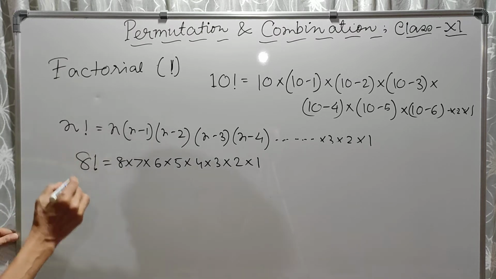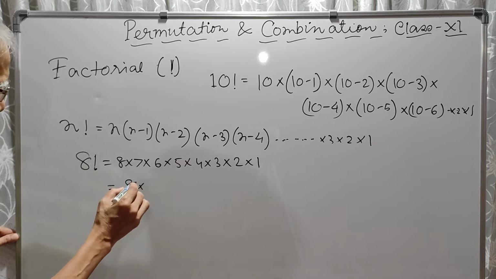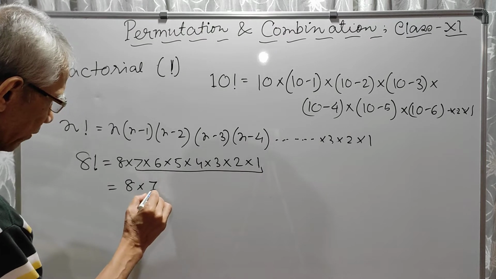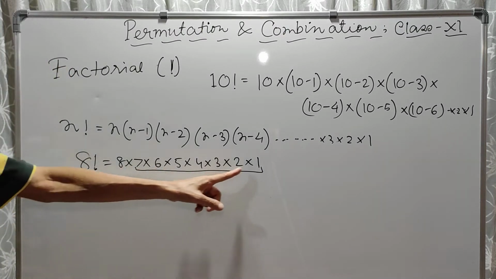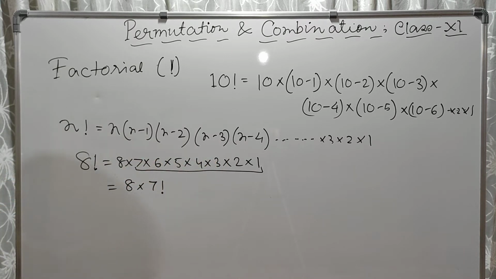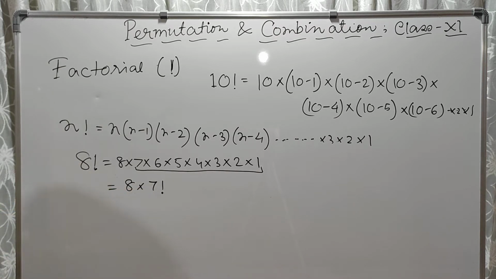Now factorial 8 can be written in another way: 8 into, now from here to here, isn't it factorial 7? So 8 into this part, 1, 2, 3, 4, 5, 6, 7, we can write factorial 7. So 8 factorial can become 8 into 7 factorial.